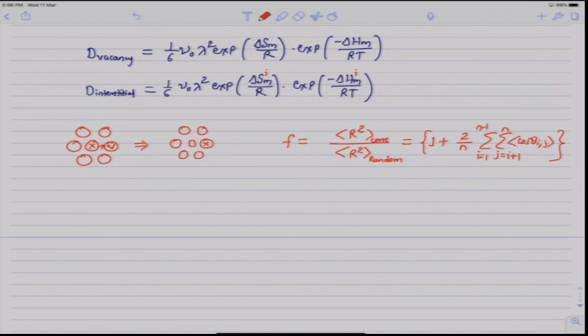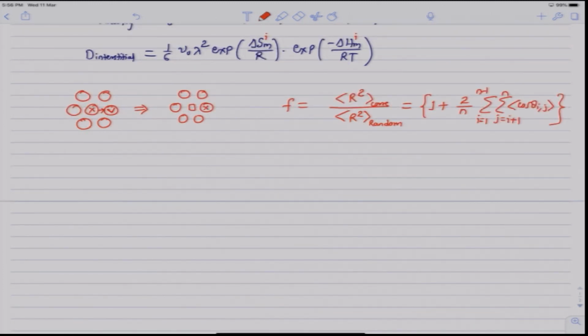and i and j vary from 1 to n minus 1 and i plus 1 to n. So, we need to consider the combination of each jump with every other jump that occurred after it in order to evaluate the correlation factor f. Now, let us try to determine this correlation factor here.